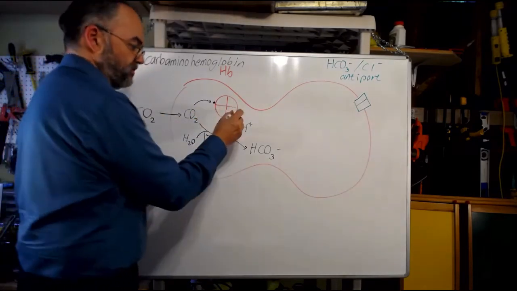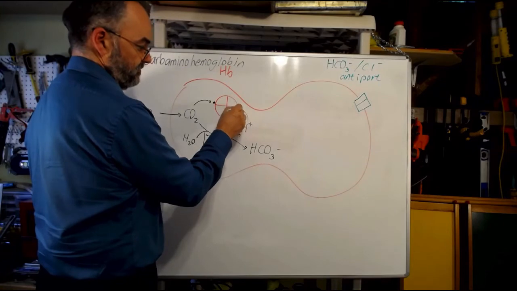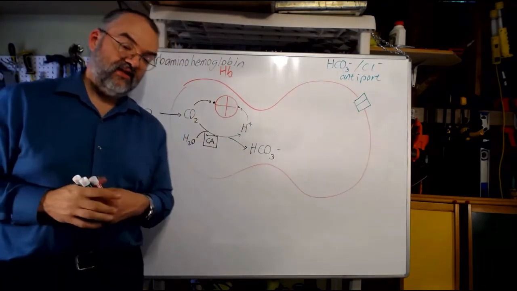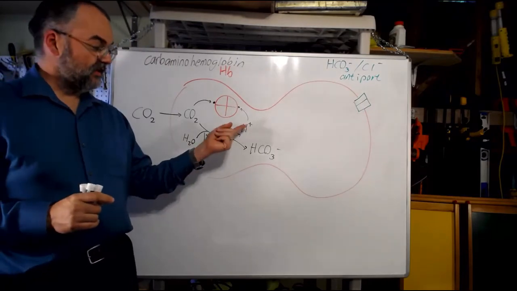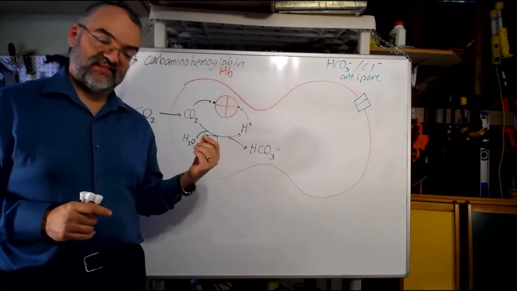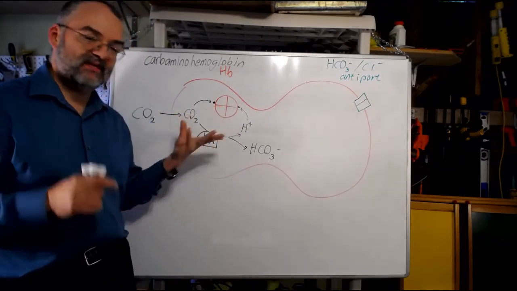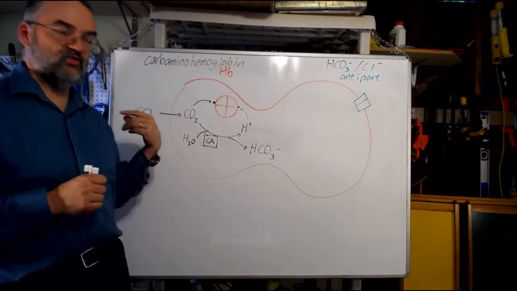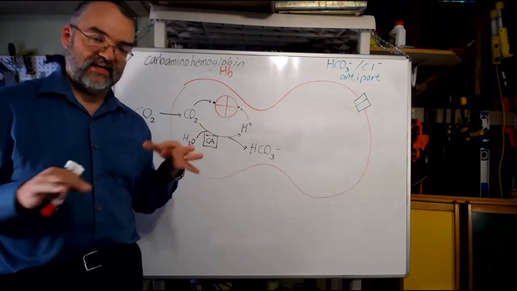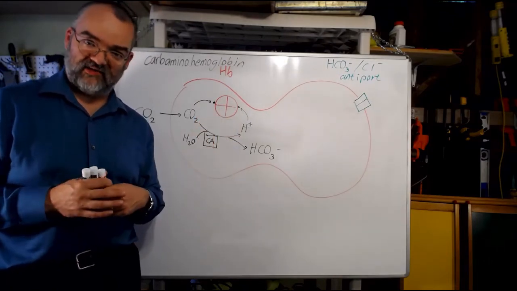Now the protons, as it turns out, tend to stick to the hemoglobin, which is good for us. As those protons get stuck on the hemoglobin, they don't end up acidifying the blood plasma. So this minimizes how much CO2 changes the pH of the blood. By buffering these protons, we limit how much acid we add to the blood.